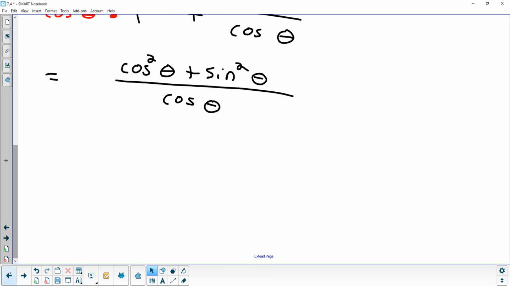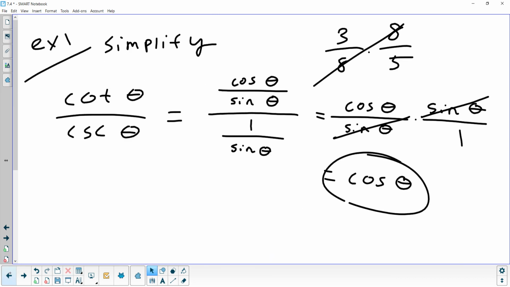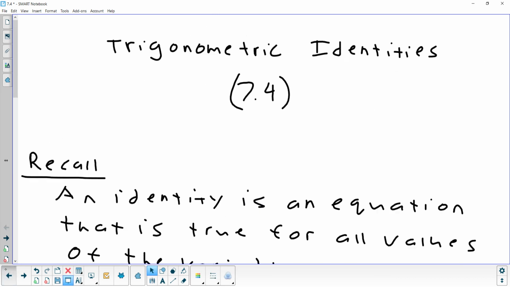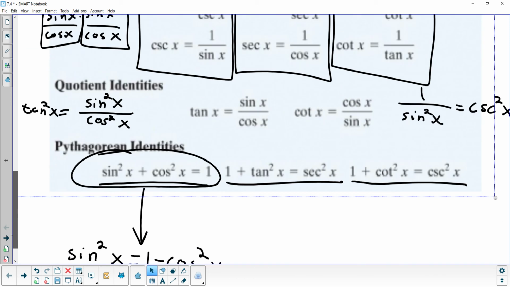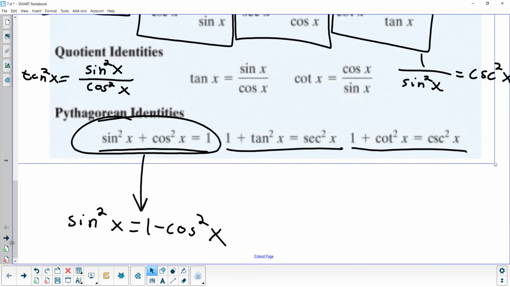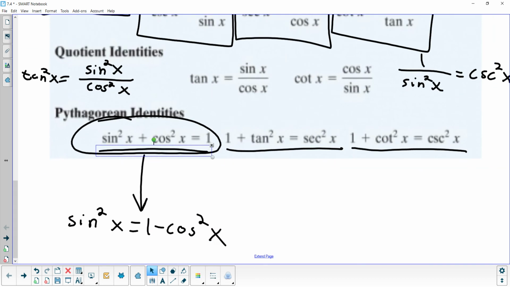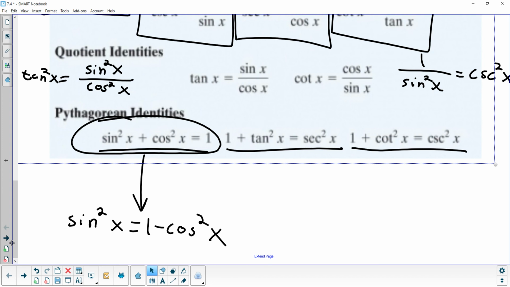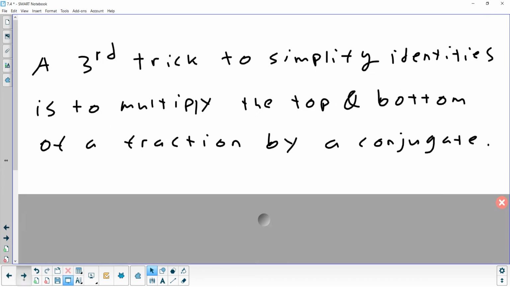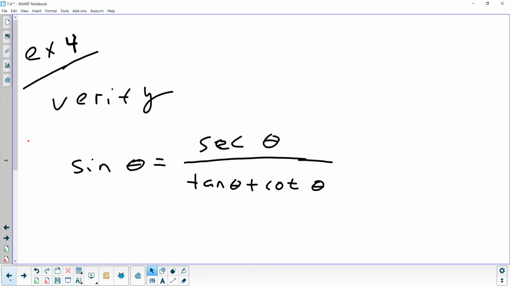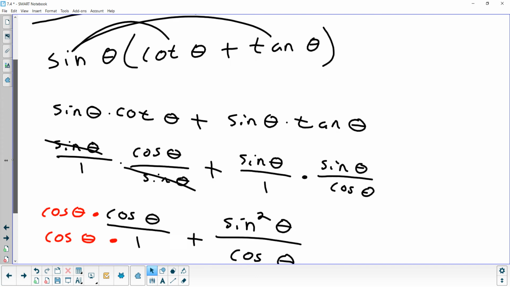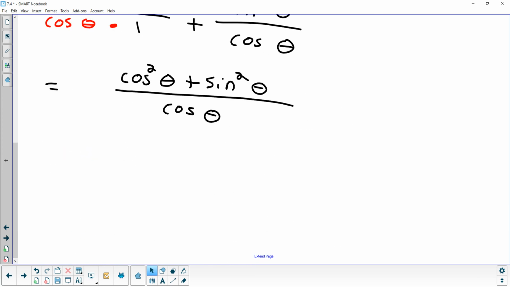That numerator, cosine squared plus sine squared, is the first Pythagorean identity that I gave you. Cosine squared plus sine squared equals 1. So that entire numerator turns into a 1. So now I have this. And what do you get when you flip the cosine? Yeah, secant.